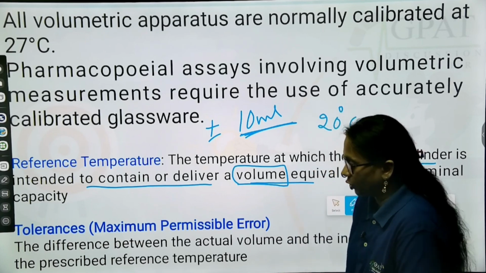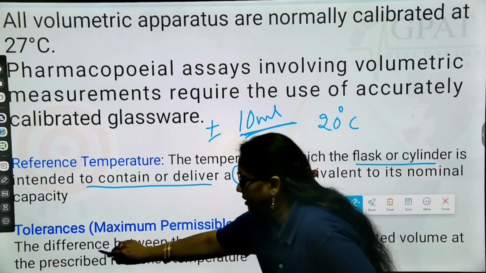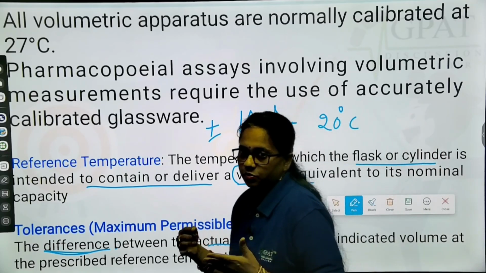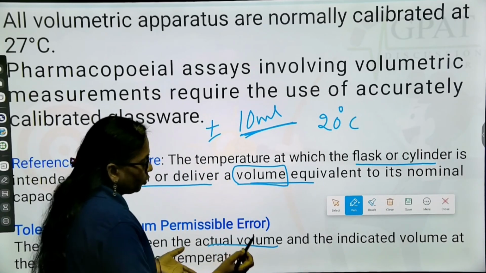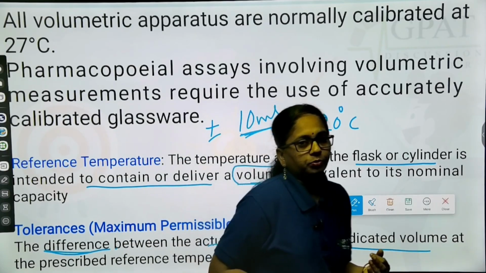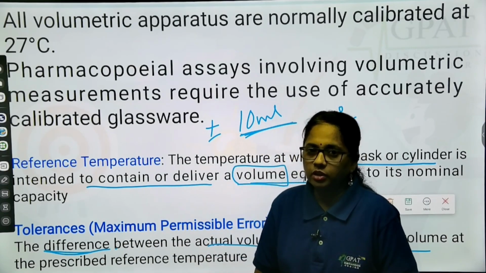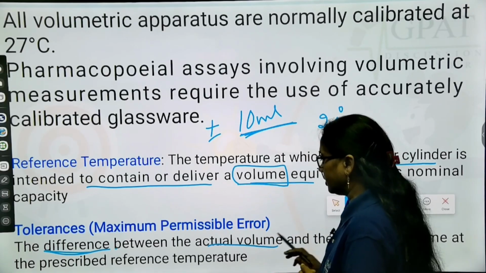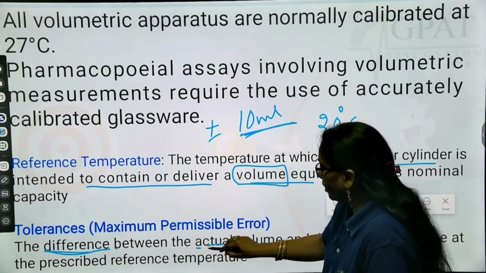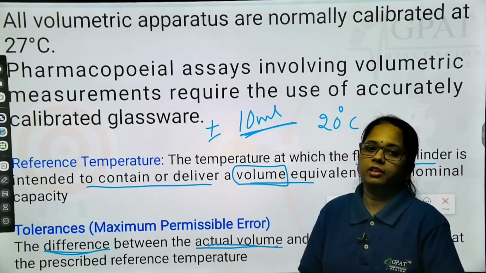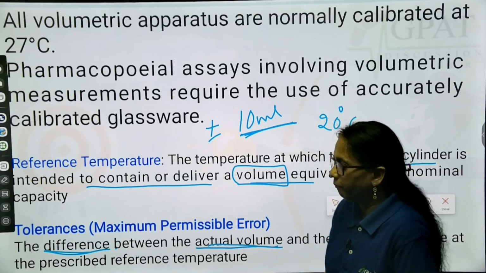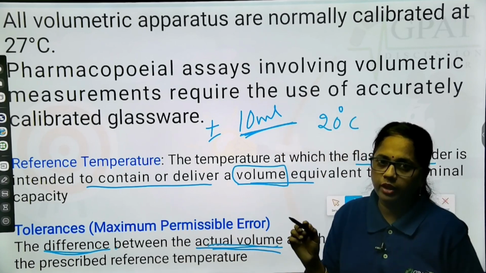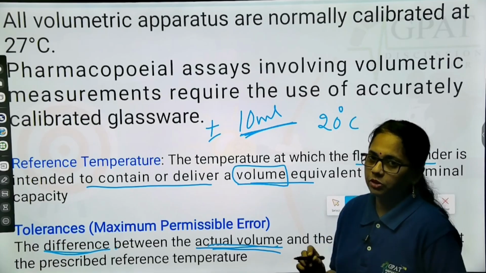Let us see what is called tolerance. It is the difference between the actual volume and the indicated volume. The indicated volume means the nominal capacity indicated by the manufacturer, and the actual volume is what we calculated at the bench top.